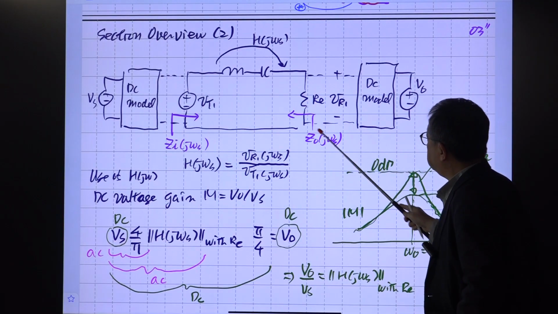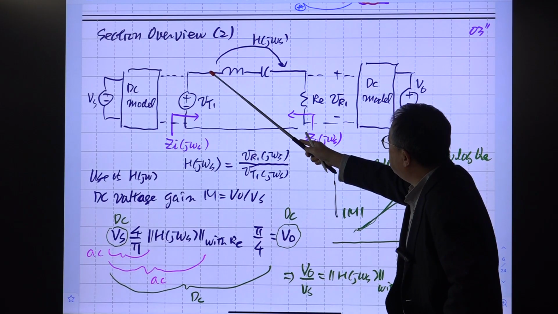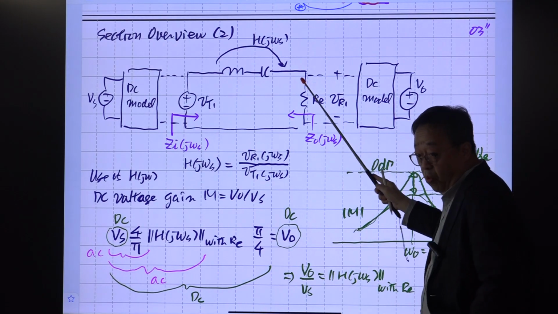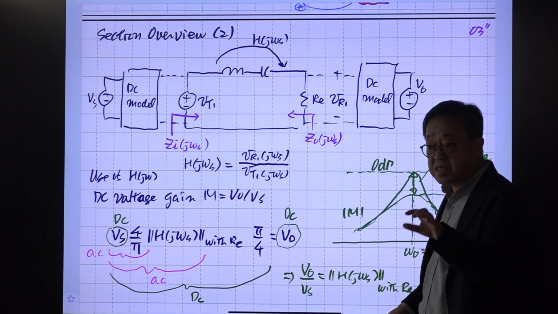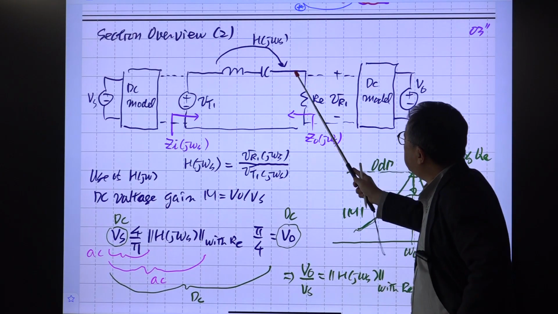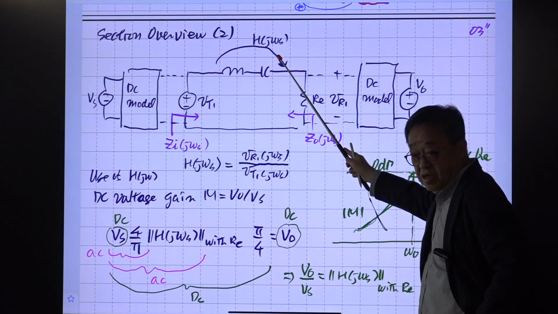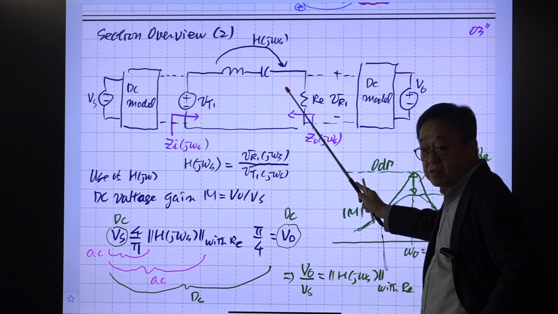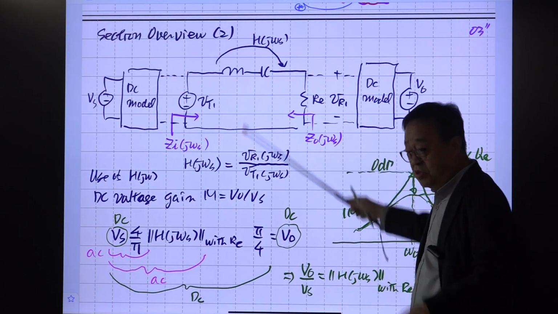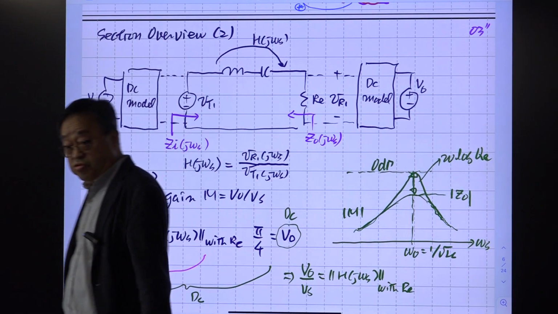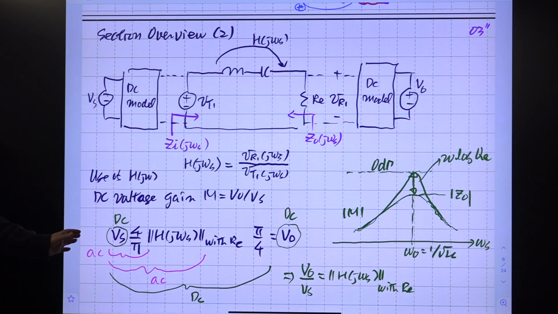This is the output impedance of the tank, seen by this output. And one is the transfer function from here to there, the voltage gain of the AC signal. We call it H. This is GI, GO, H. Very easy to figure out, so even a high school student can do this.